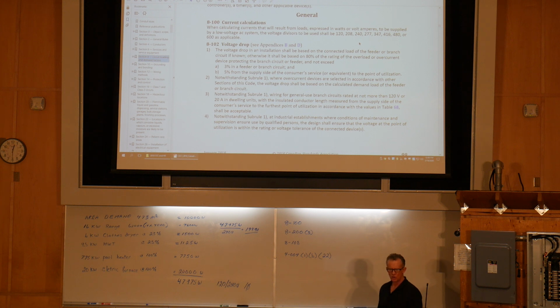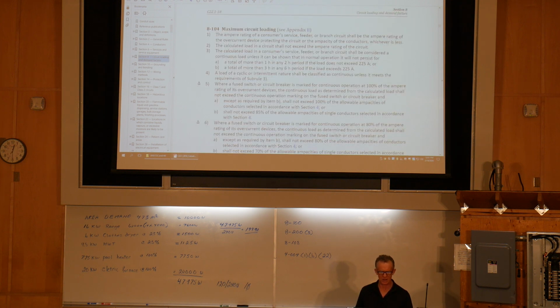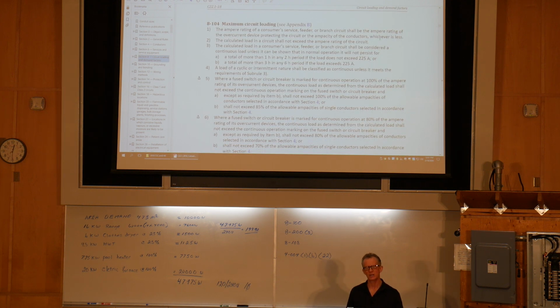All right, so we've looked at 8-104 in a previous video. Let's just quickly take a look at that rule to make sure we comply with it. It says here in subrule 1, the ampere rating of the consumer service feeder or branch circuit shall be the ampere rating of the overcurrent device protecting the circuit or the ampacity of the conductors, whichever is less.